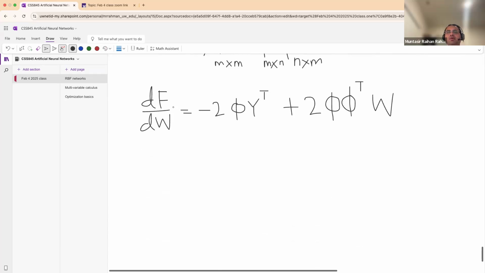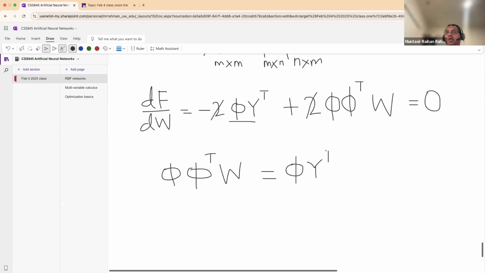And the rule of calculus, if I want to minimize f, I need to set this to 0 and solve for w. So now this 2 and this 2 are going to cancel. And what do I have? I can take this on the other side. So I'm going to have phi transpose w equal to phi y transpose, right?